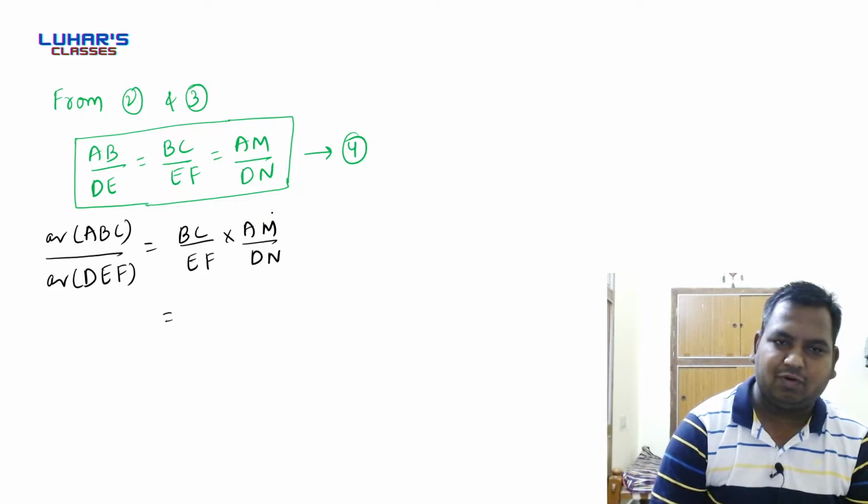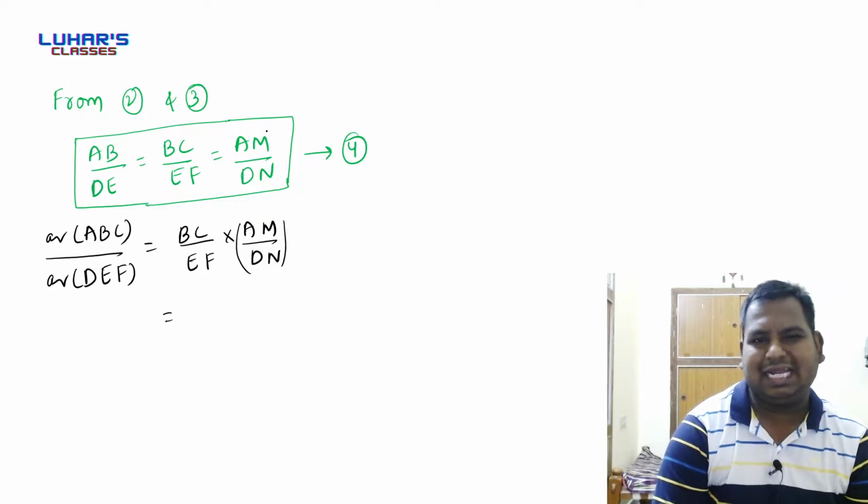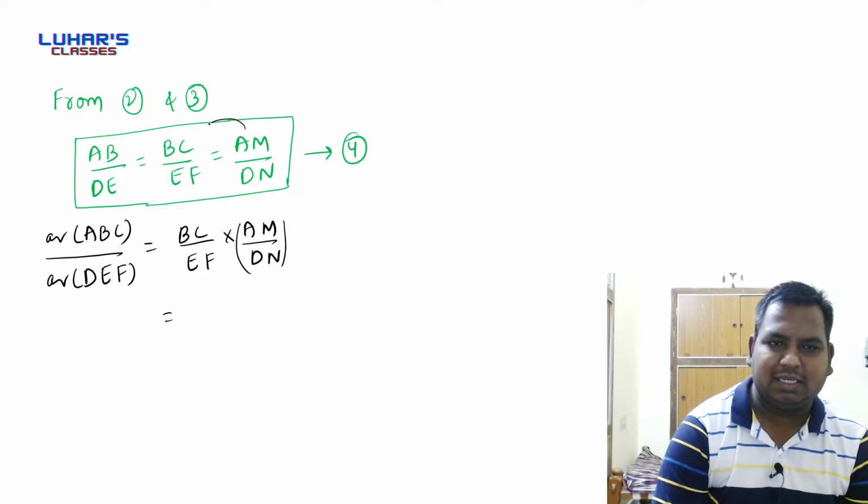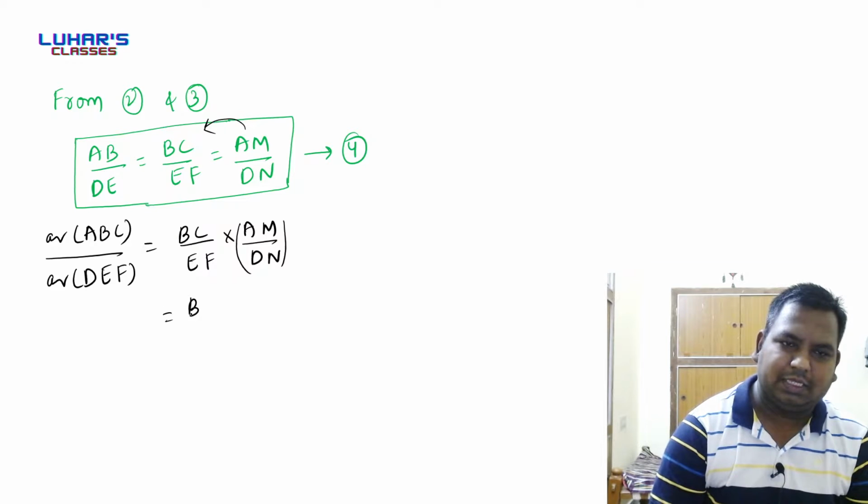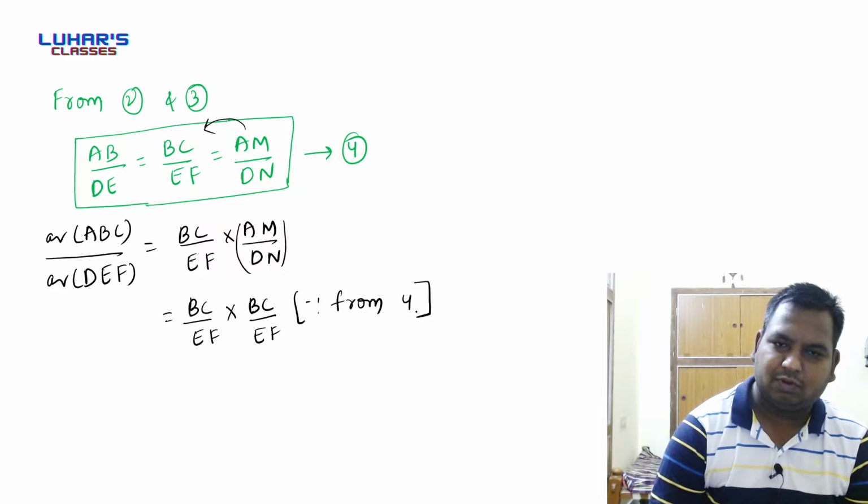So from 4, I can replace AM by DN with BC by EF. So BC by EF into BC by EF, since from 4. BC by EF into BC by EF is BC by EF whole square.